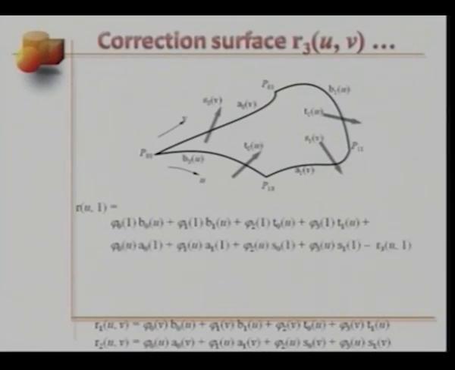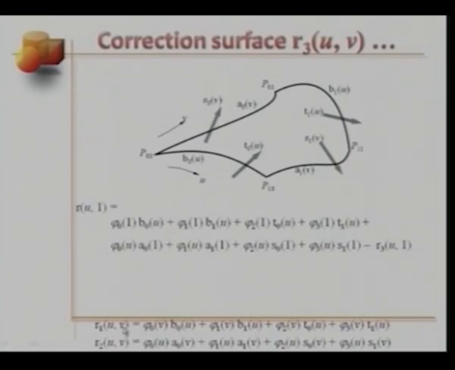All we need to do is plug in the value of v equals 1 here, here, and we need to subtract our r3 u1 from the sum. So the sum is phi 0 of 1 times b0 of u plus phi 1 of 1, b1 of u plus phi 2 of 1, t0 u plus phi 3 of 1, t1 u.